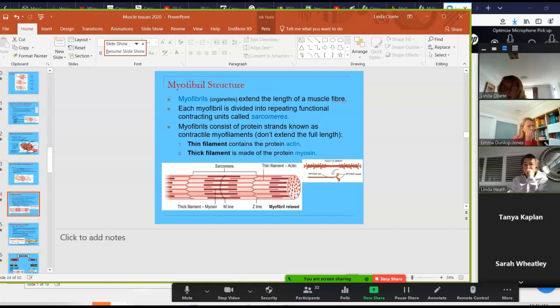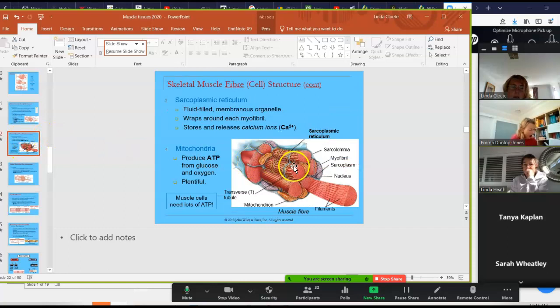So can you see this one? All right, so here's the sarcoplasmic reticulum, basically wrapped itself around each of the myofibers.